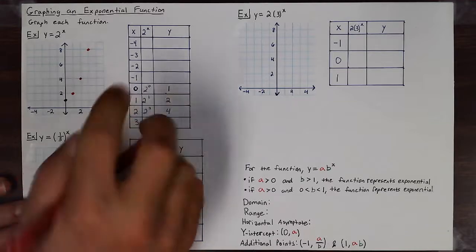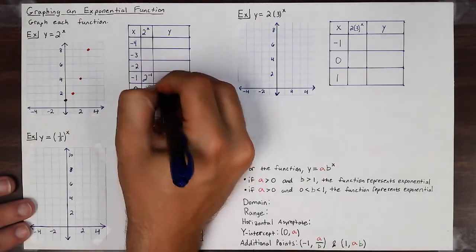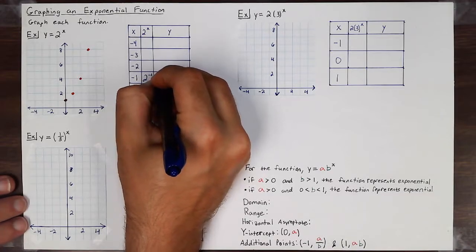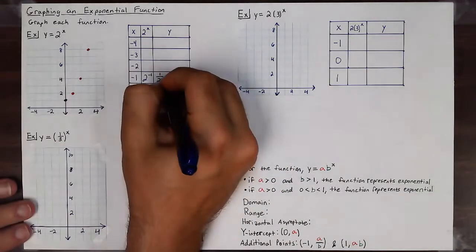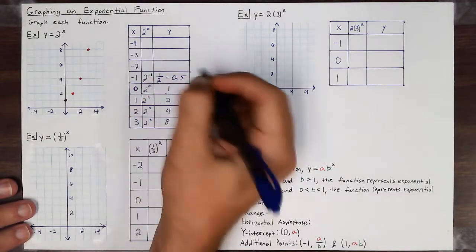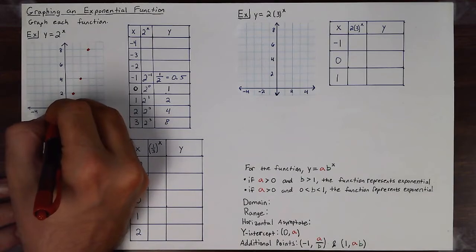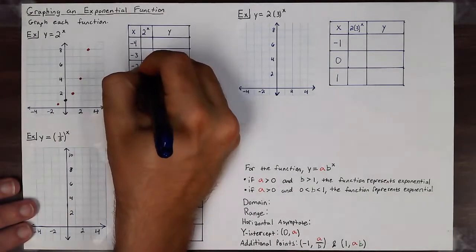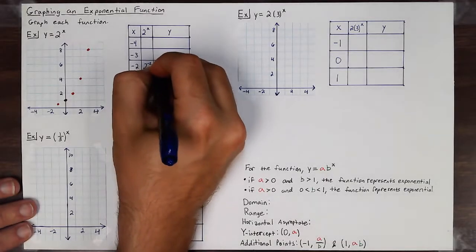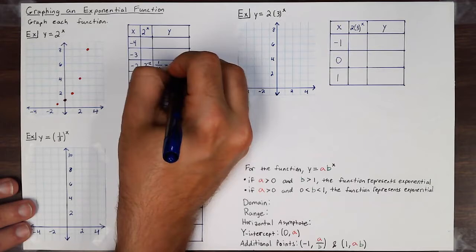When I plug in -1, I get 2 to the -1 power, we have to put that in the denominator, so 1 over 2, which is equal to 0.5, so halfway up. So at -1, I'm halfway to 1. If I go backwards to -2, 2 to the -2, that's 1 over 2 squared, which is 1/4, which is 0.25.